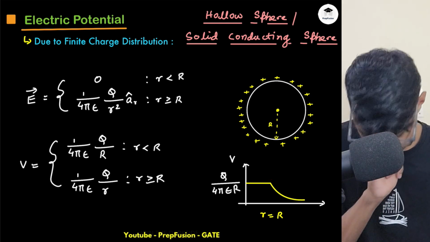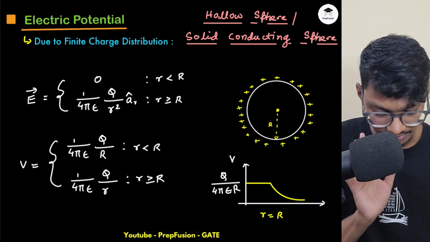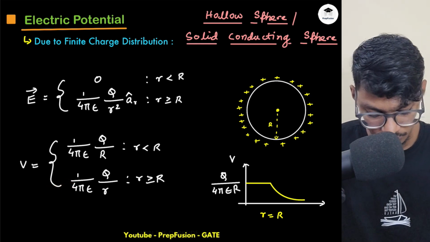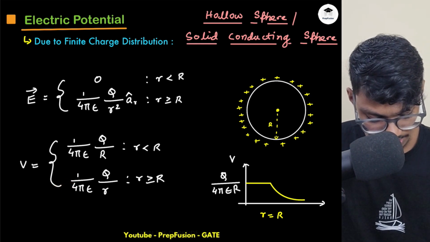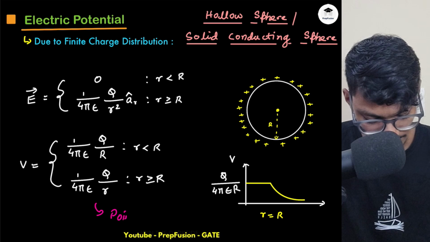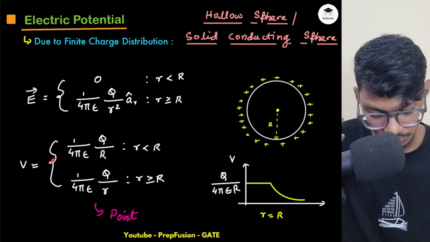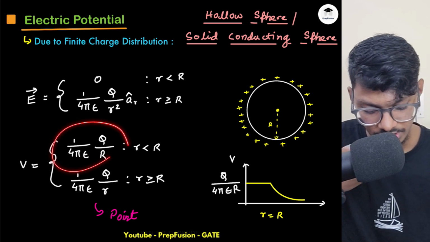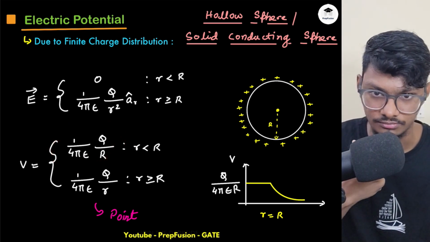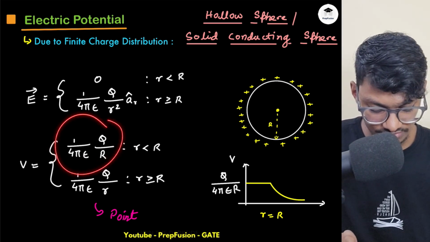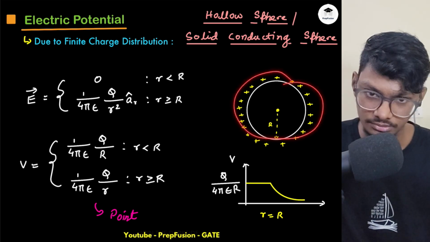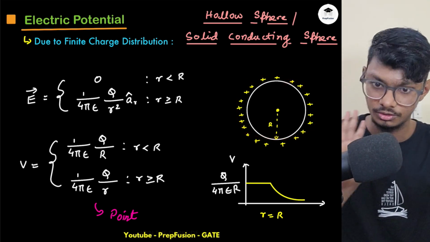After that, it simply behaves as a point charge. This result is due to the point charge. So inside, the electric field is 0, that's why the potential will be constant, and the value will be q upon 4 pi epsilon r. Why is this the value? Just due to this surface charge.